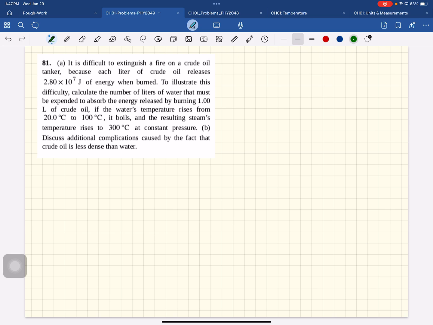So if you have an oil spill and it catches fire, it's very hard to put out the flame. And this problem illustrates that.